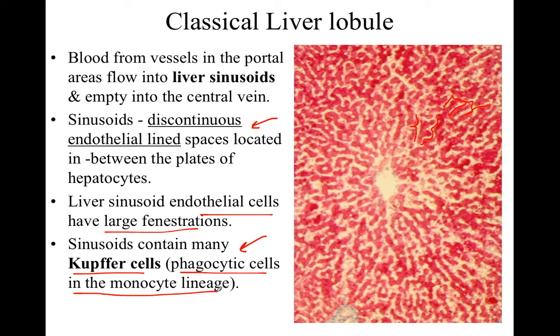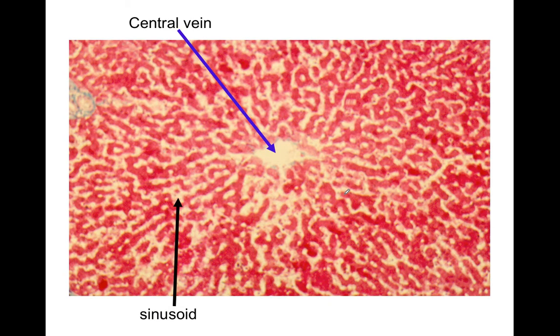Once they migrate toward the liver, their name is changed, and usually we call them the Kupffer cells. We can find them inside the sinusoid, between the endothelial cells.